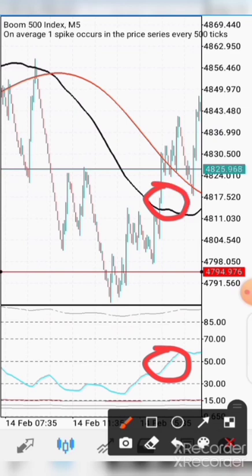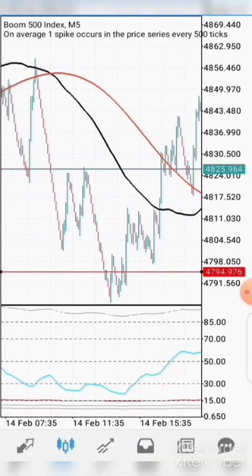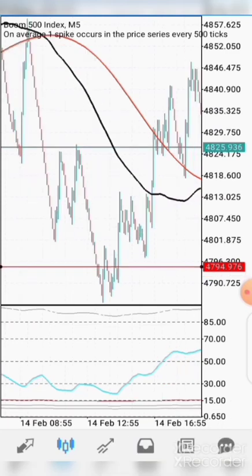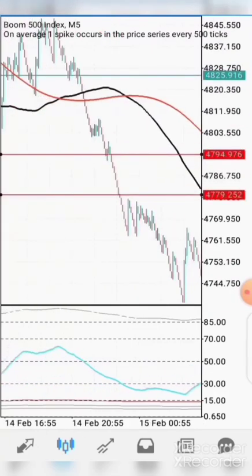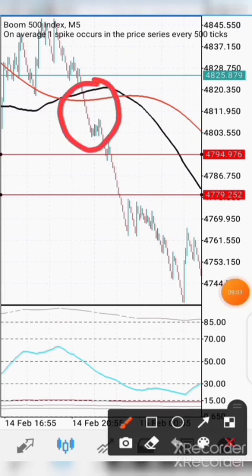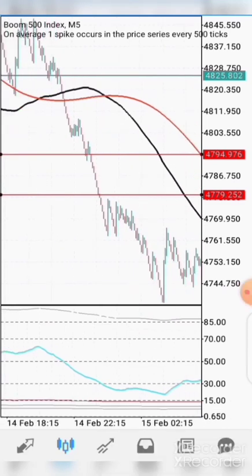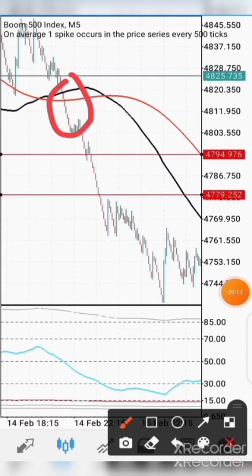Now, another way you can trade this, if you don't want to be too greedy about this strategy, you see our conditions, how they are being met here. Look at what we have here. One. Huh? We have our conditions here. One here. Then we have another one here.